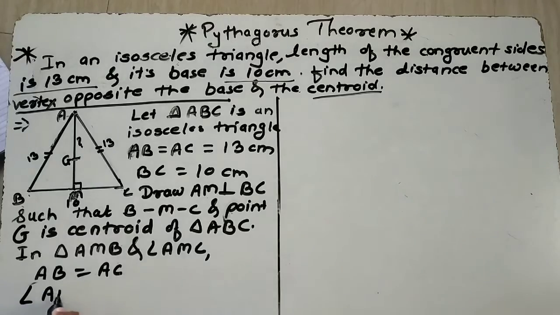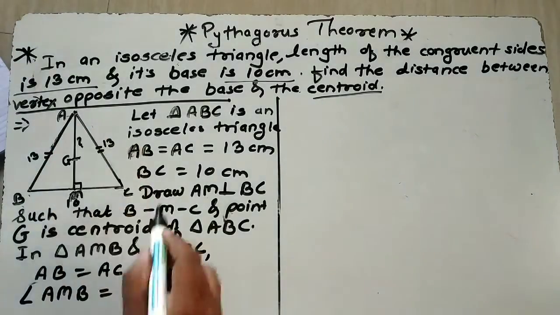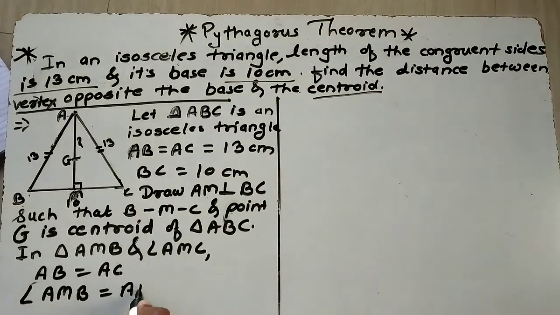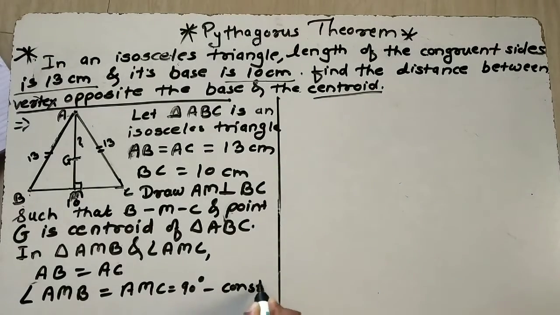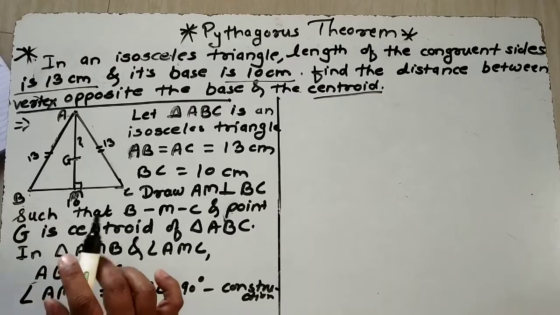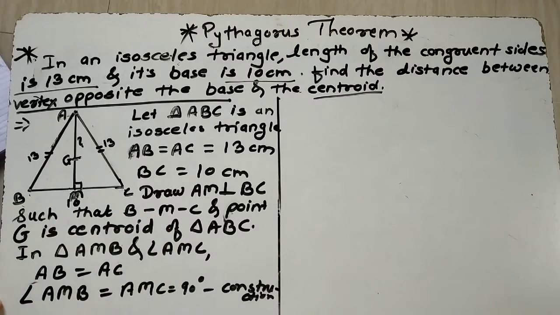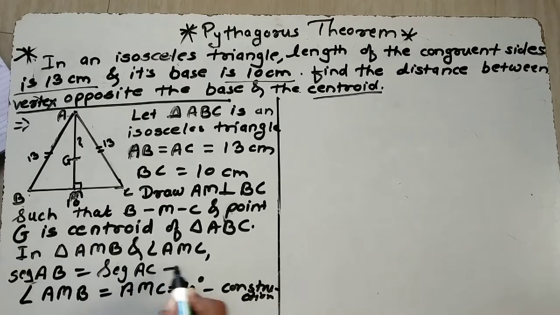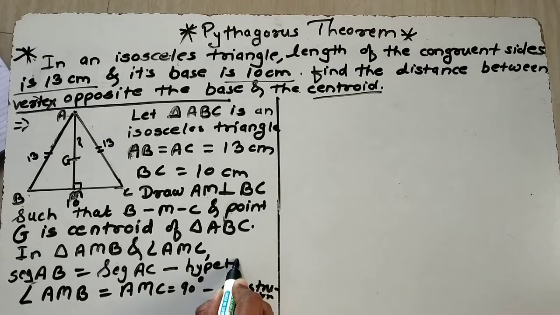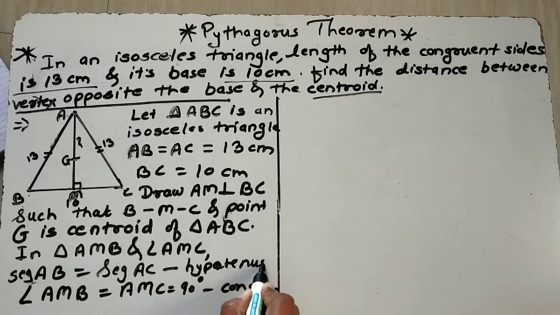Secondly, angle AMB is equal to angle AMC is equal to 90 degrees according to construction. We know that seg AB and seg AC are the hypotenuses and they are congruent according to the information provided.